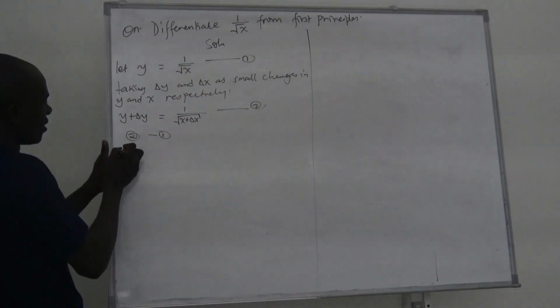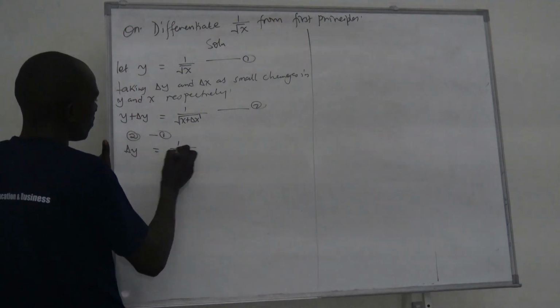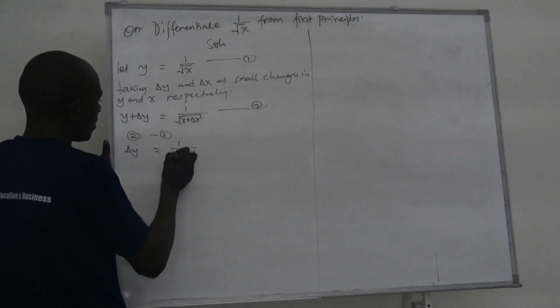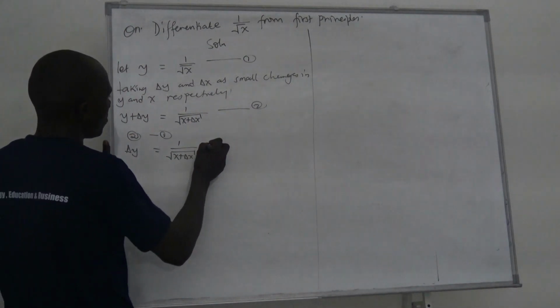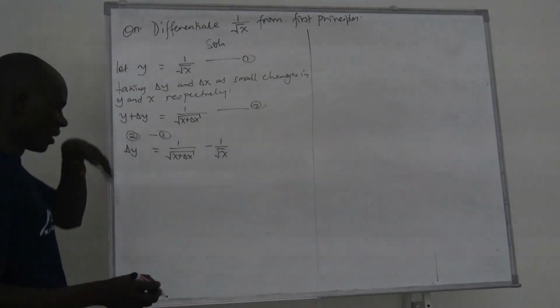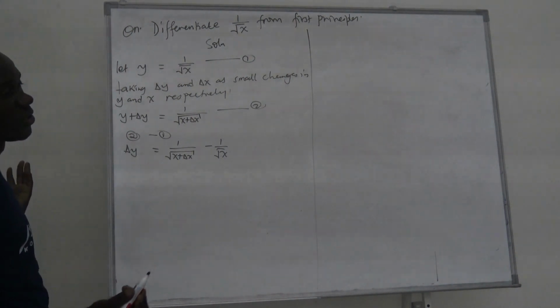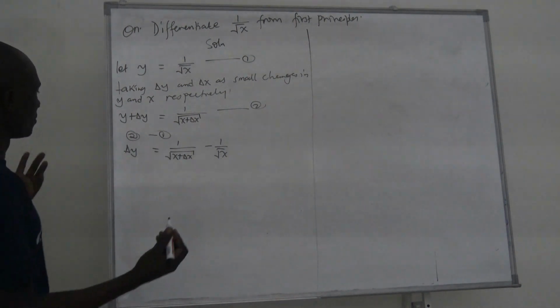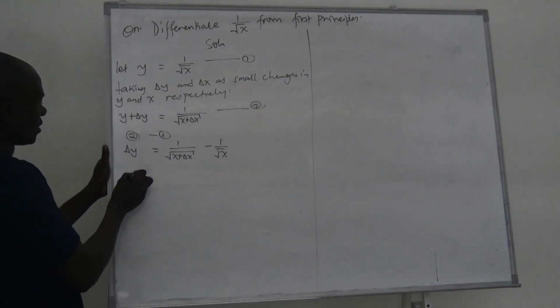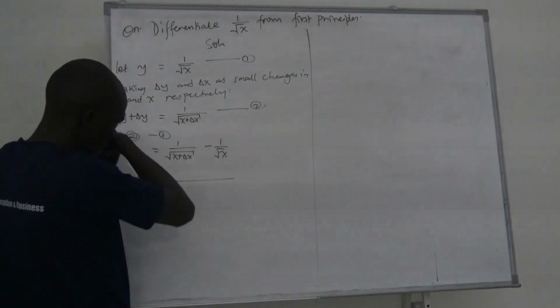What do we have? This remains with delta y equals 1 over root of x plus delta x minus 1 over root of x. Then from there, we can find the LCM. Delta y equals, what is the LCM?